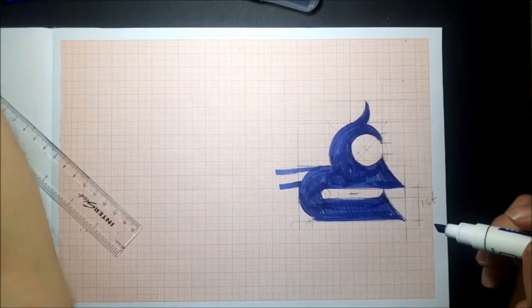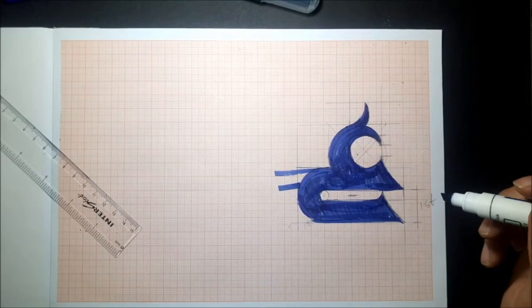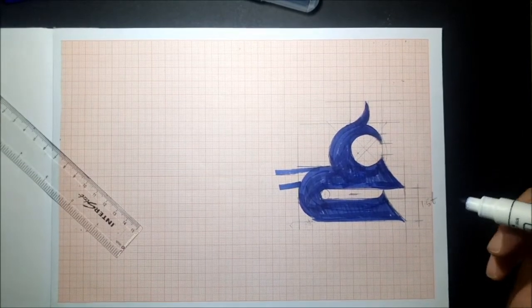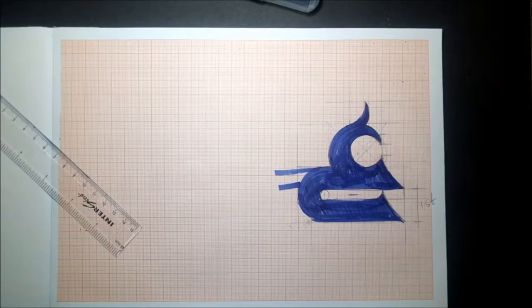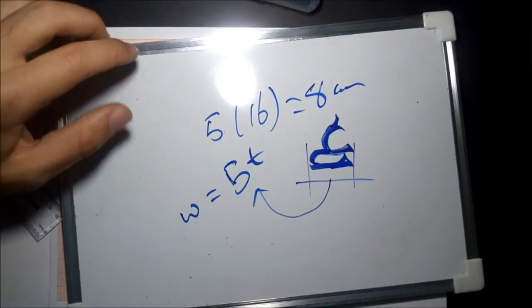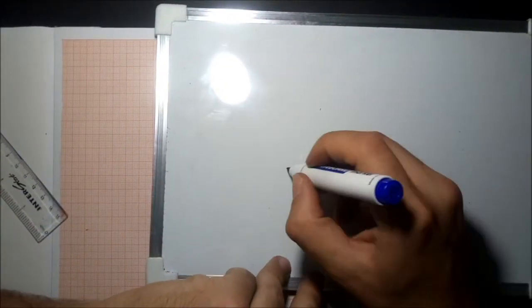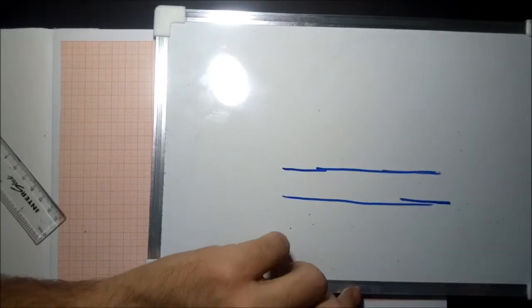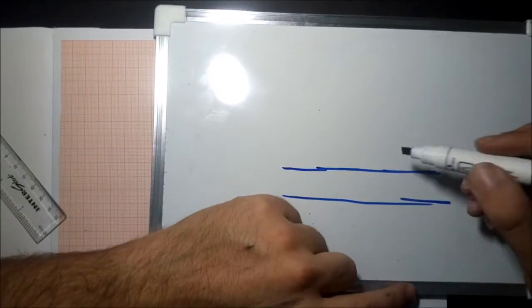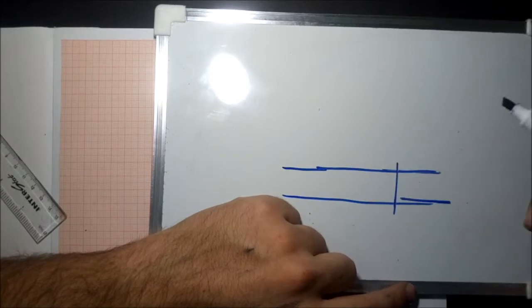This ain, I would rather not to use it a lot because it does look sometimes like a fa or af. So basically what we are going to do is this. We've got our baseline right over here. We are going to locate the point of the start.